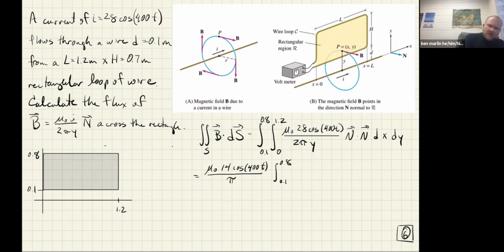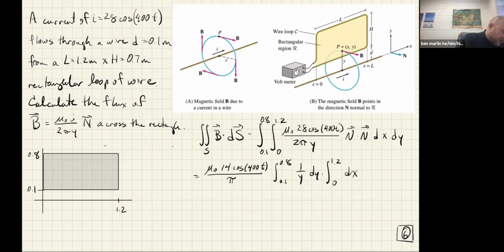Did you notice there's no x's in there? So that means I've got just a 1 over y dy, and then my 0 to 1.2 dx. I can pull those apart because there's no x's appearing at all.